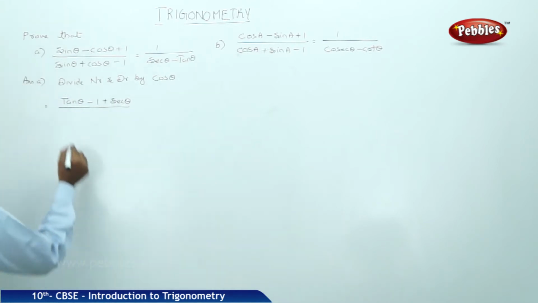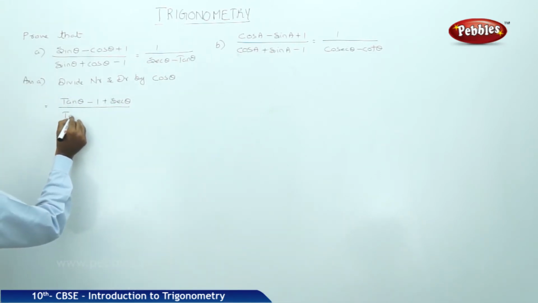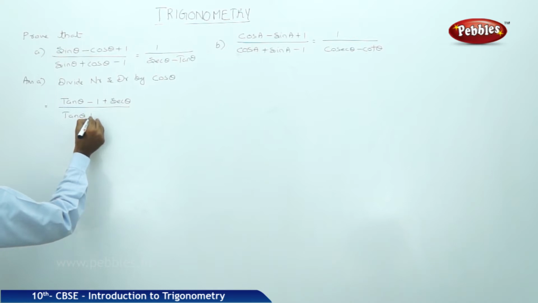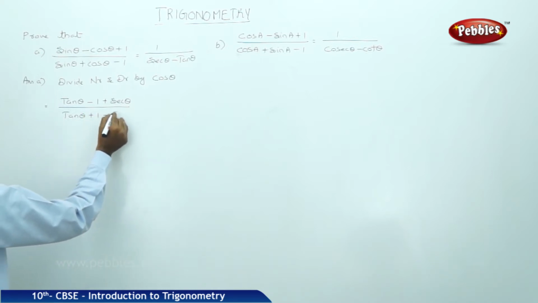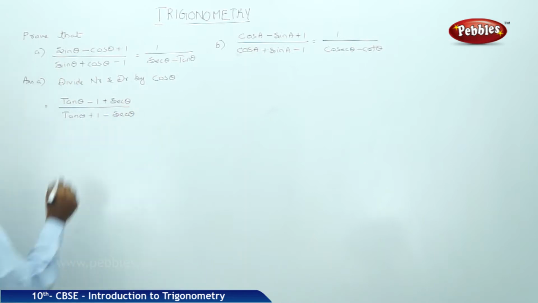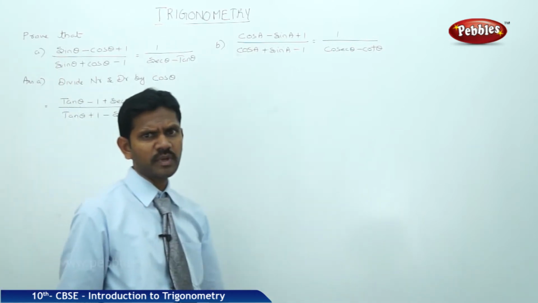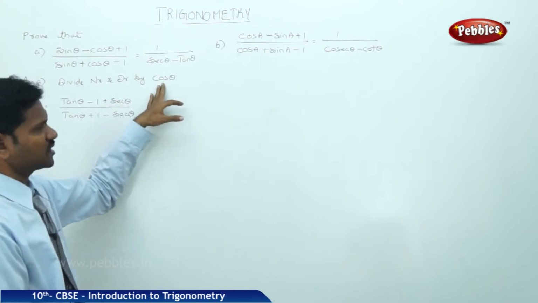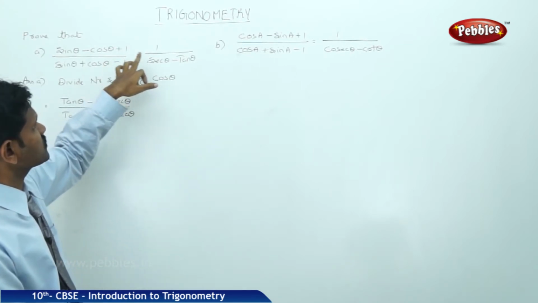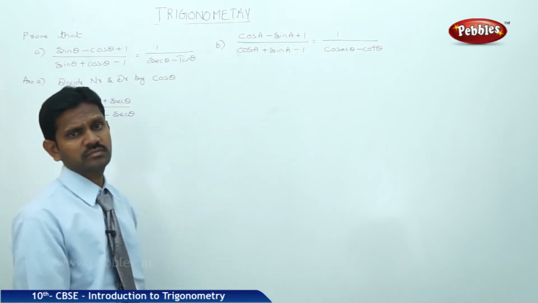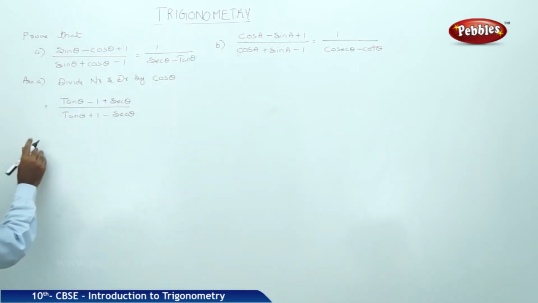Similarly, denominator also sin by cos tan theta, cos by cos 1, 1 by cos secant theta. That is, divide numerator and denominator by cos theta, so the numerator is similar to the denominator.